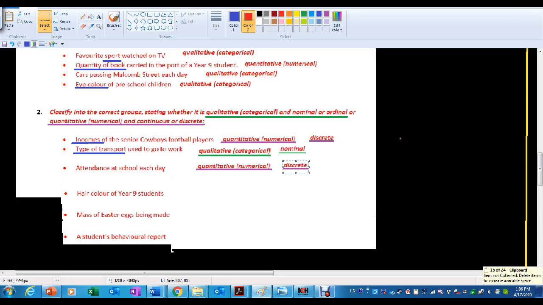And hair color. Hair color must be what? Qualitative. And under qualitative, is it nominal or ordinal, or can we rank the color of the hair?